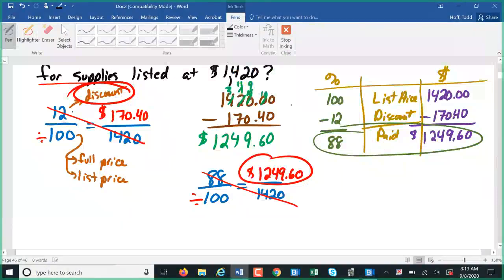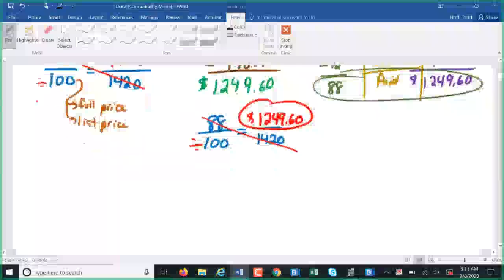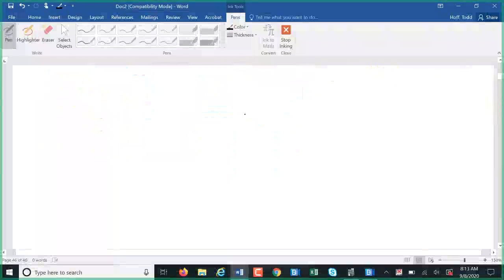Now, like I said, in this problem here, not a lot more work to just find the discount and subtract. But there are some problems where we don't have that option. And we might have a problem like this.